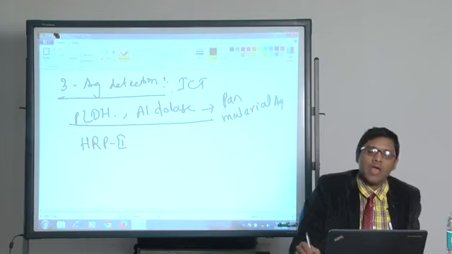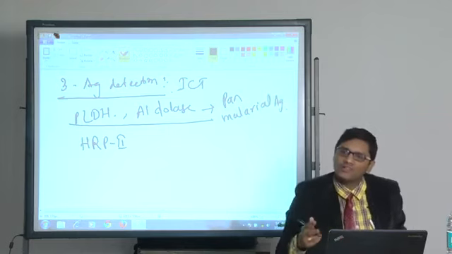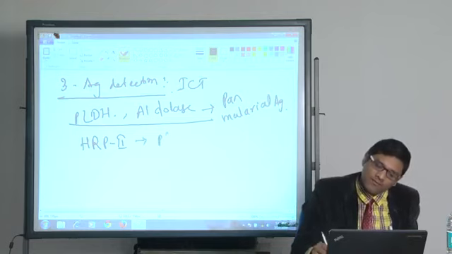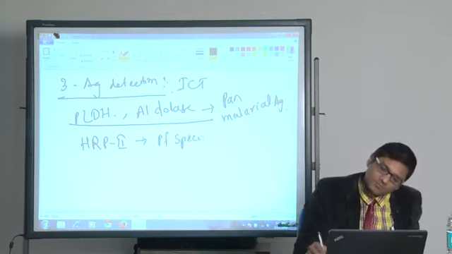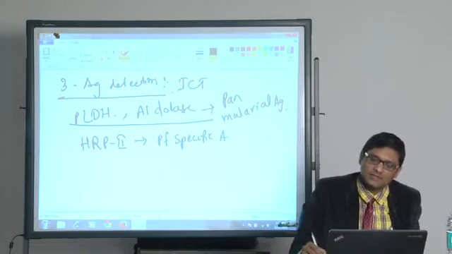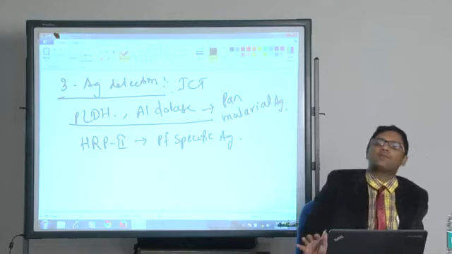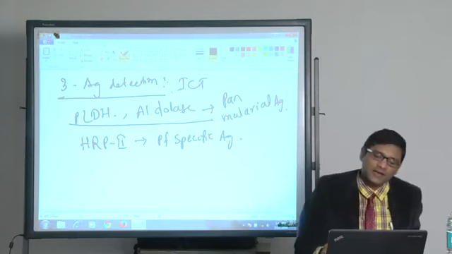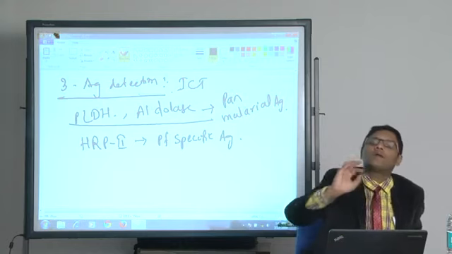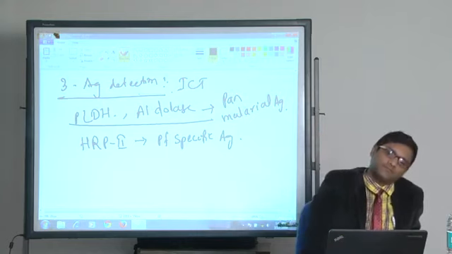They are present in all the species, whereas histidine rich protein 2 is PF specific. It is present only in Plasmodium falciparum. So, if histidine rich protein 2 is positive, that confirms it is Plasmodium falciparum.